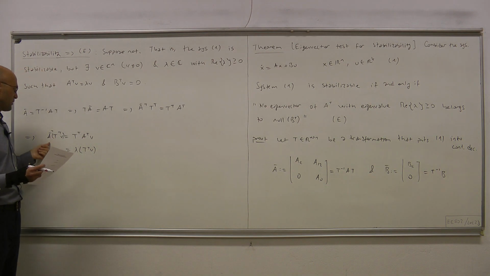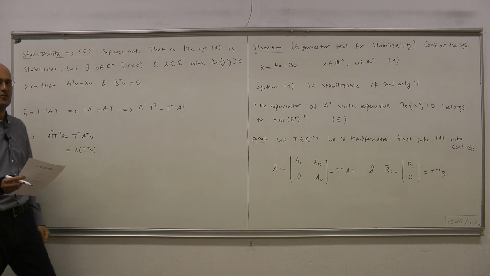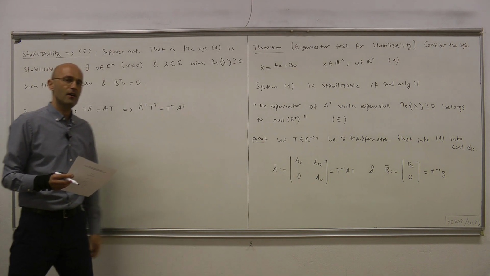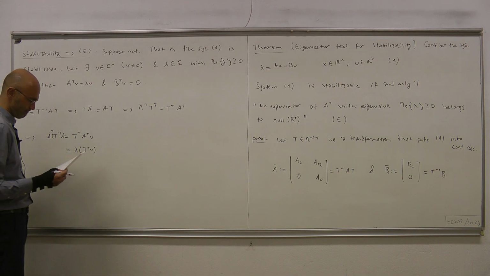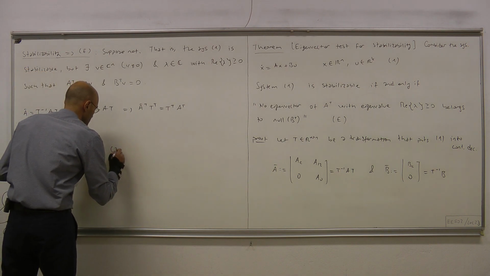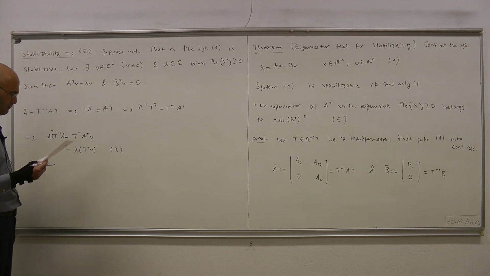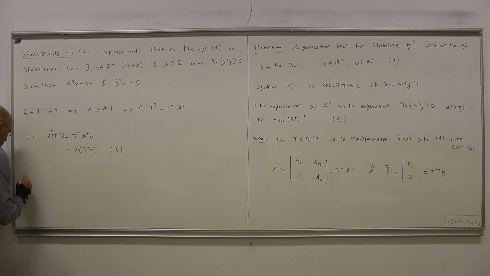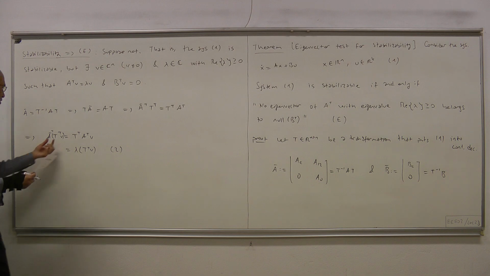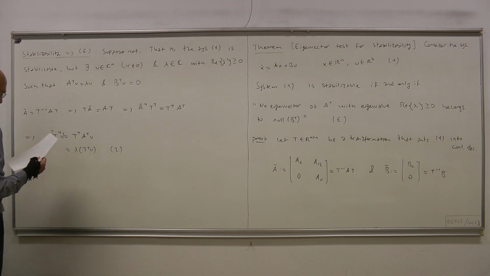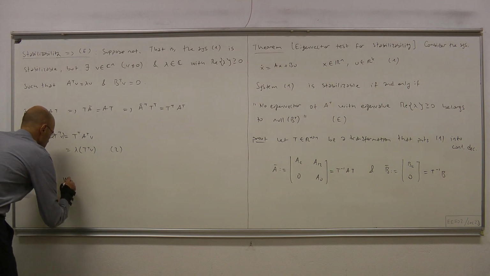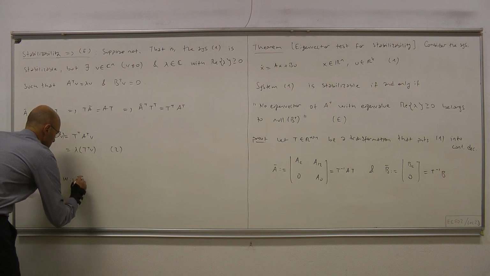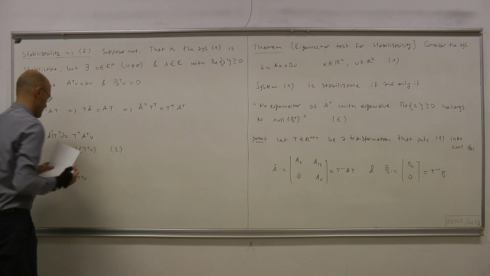That vector satisfies A bar transpose T transpose V equals lambda times T transpose V. Therefore, that vector is an eigenvector of A bar transpose. Let's call this equation 2. Now, give this vector a name: define W as T transpose V.